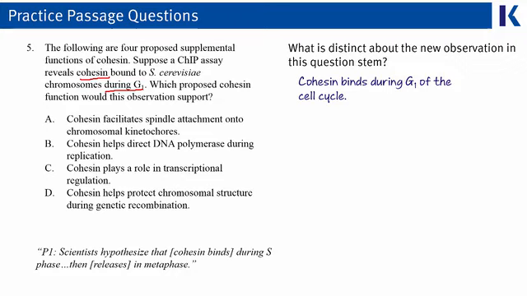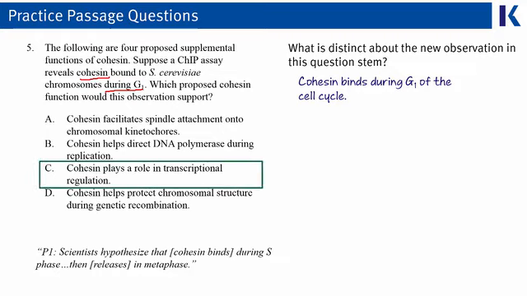So what's happened here is there are some additional functions of cohesin outside of the one that this experiment specifically studied, and this new observation is going to support one of these possible additional functions. In other words, given this new data, draw a conclusion. Go ahead and answer this question right now. To answer this question, you might actually ask yourself, well, what happens during G1?